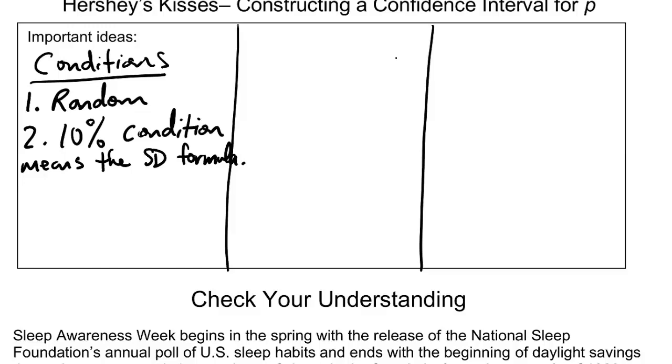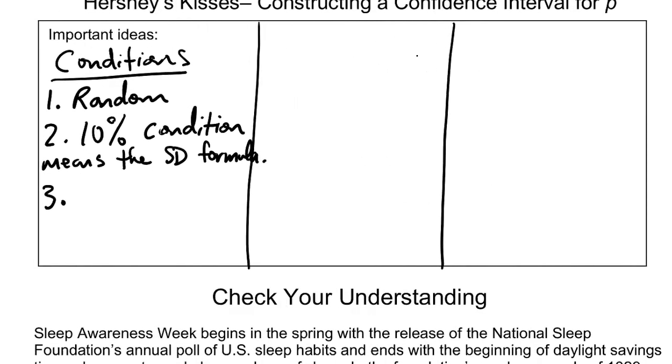So that's silly, right? As long as we don't get more than 10%, we can go ahead and use this standard deviation formula. And condition number 3 is large counts. Large counts means 10 successes, 10 failures.